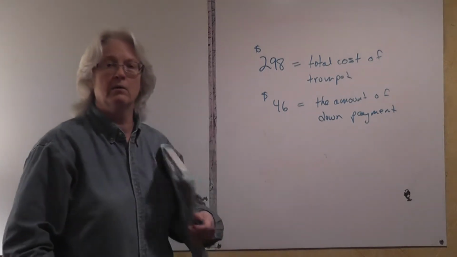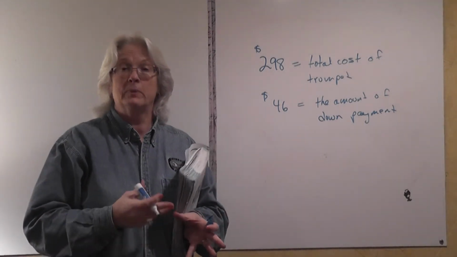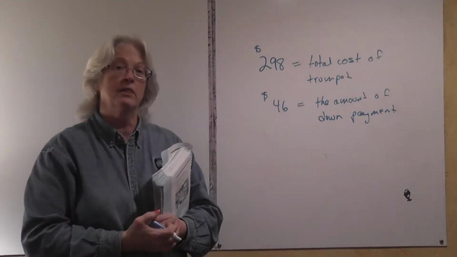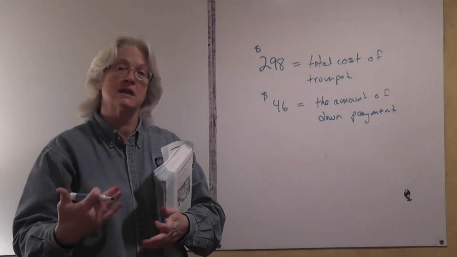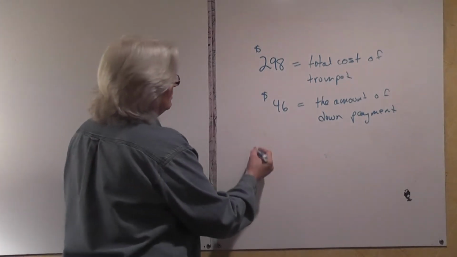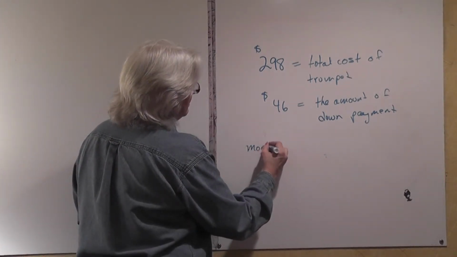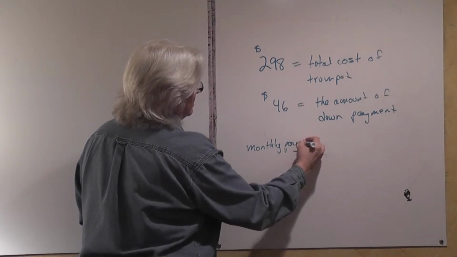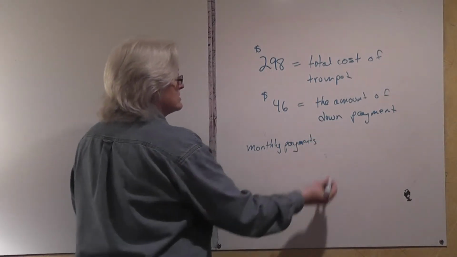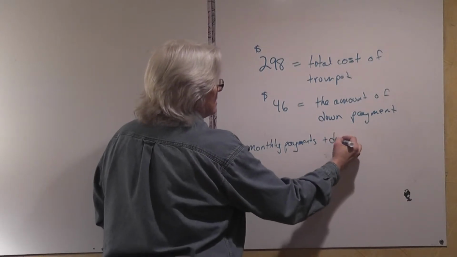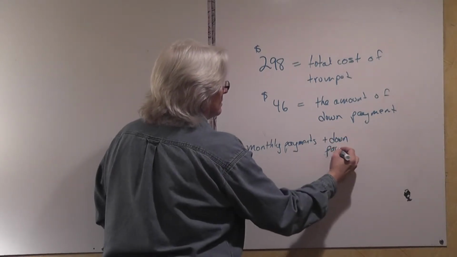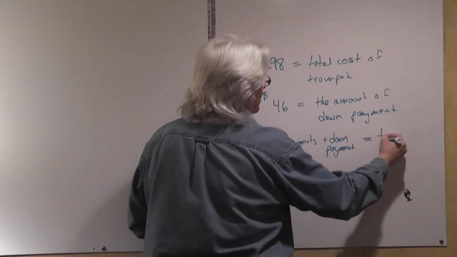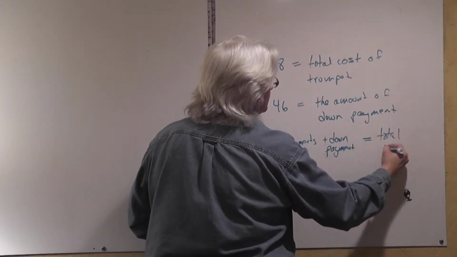We also know that he is going to pay, for some unknown number of months, $28 a month. So how could we set this equation up? We could say the total of his monthly payments, plus the down payment, is equal to the total cost of the trumpet, couldn't you?